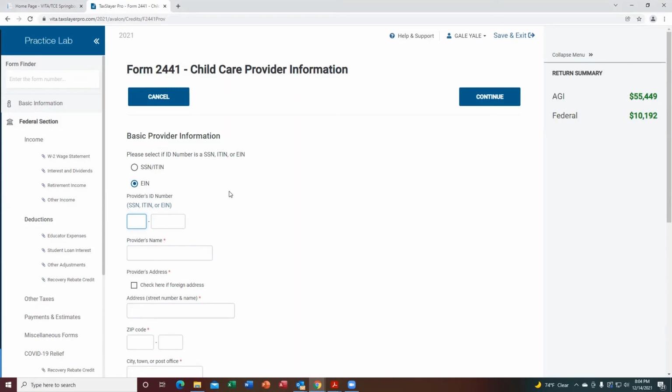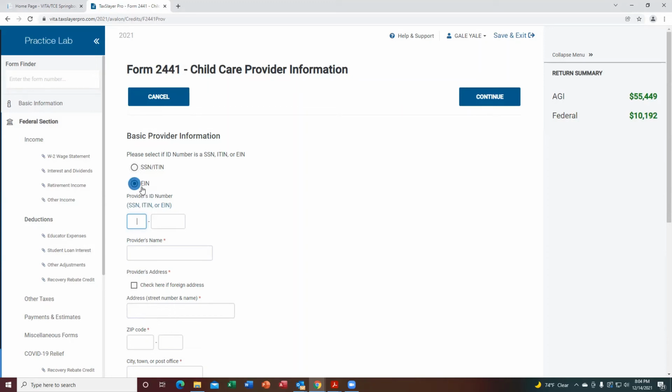And so there has to be a check and balance. One puts it as an expense, the other has to put it as income. If you're paying someone, you need to get their social security number. And that's why you have the option here, social security number or an ITIN number.